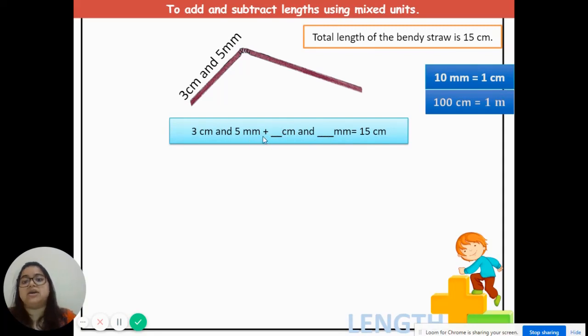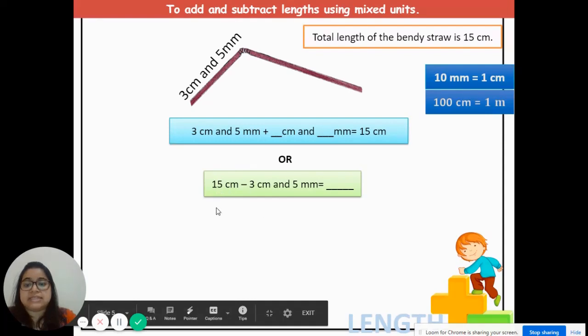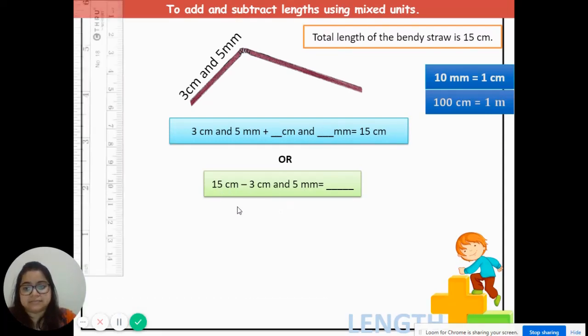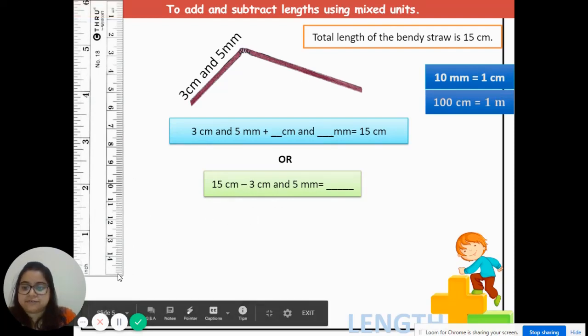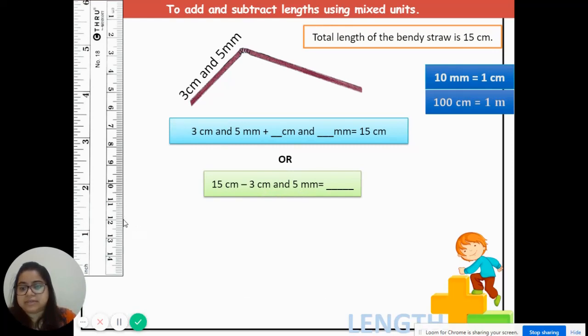Or you can make your number sentence using subtraction in this manner. So let's see how to calculate this using a ruler or your number line. So here's a ruler. 15 centimeters right here. So from 15 centimeters, we have to minus 3 centimeters and 5 millimeters. We are going to take our 3 centimeter jump and then a 5 millimeter jump.